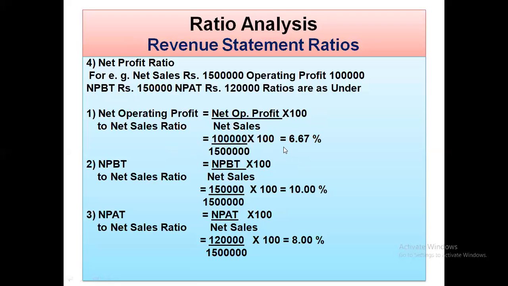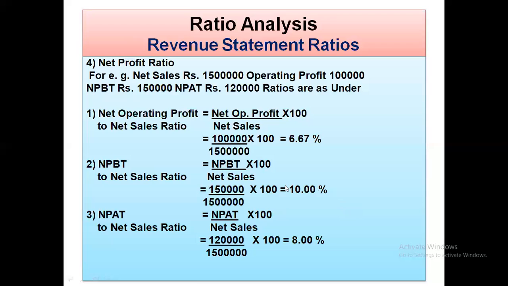6.67%. Net profit before tax to net sales ratio can be determined by applying the formula net profit before tax divided by net sales into 100. As per the given figures, the profit before tax is 1,50,000. Net sales are 15 lakhs into 100. The ratio is 10%. And the third profit ratio is known as net profit after tax to net sales ratio.